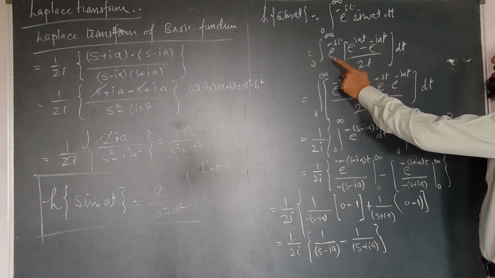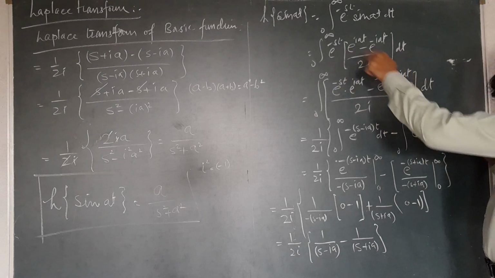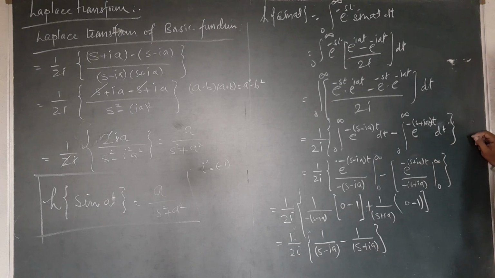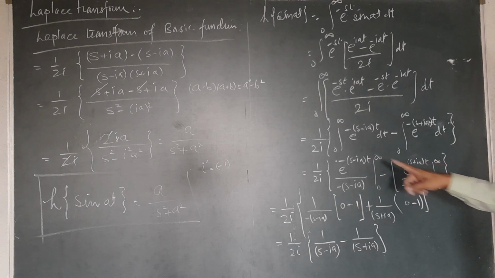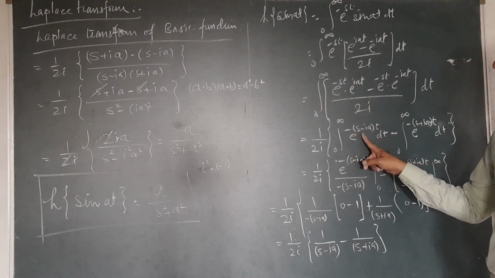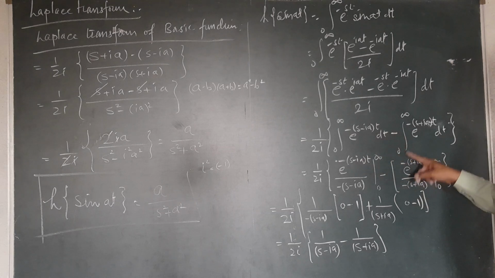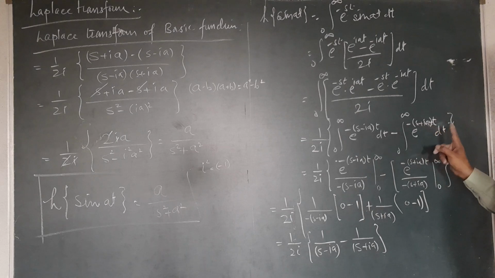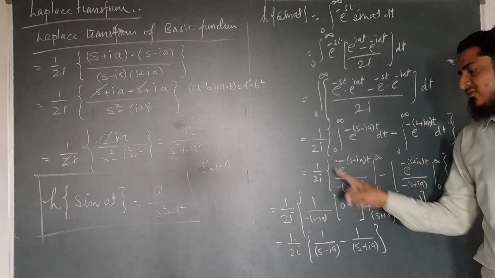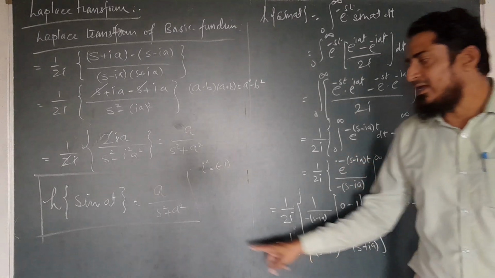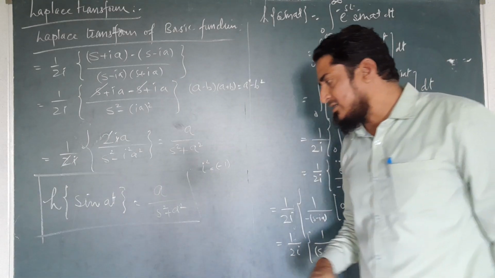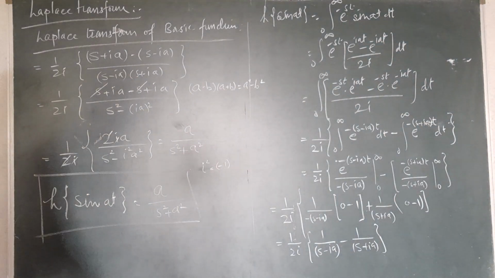After multiplying e raised to minus st to this expression, we will get integration from 0 to infinity e raised to minus (s minus ia)t minus integration from 0 to infinity e raised to minus (s plus ia)t dt, correct? And after integrating and simplifying, you will get a upon s square plus a square.